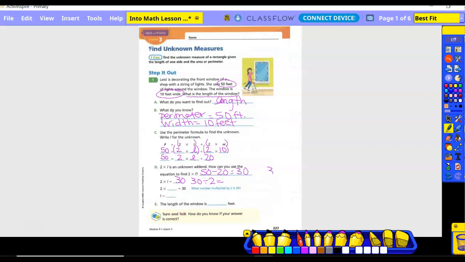So I could also put 30 in my house over here, put a 2 and then 1, right? Could I also do that to find it if I wasn't sure? Yes. Okay, so the length will be 15 feet.